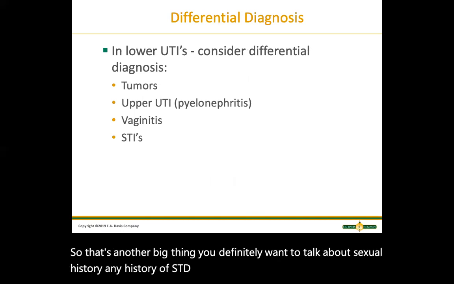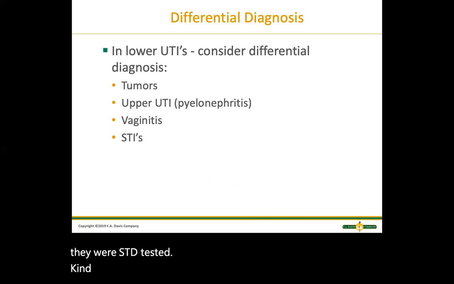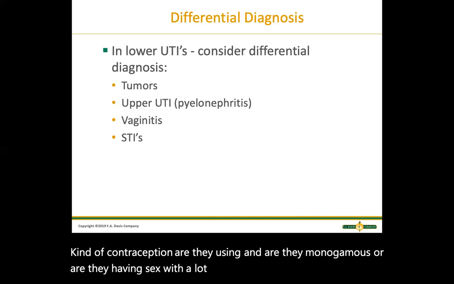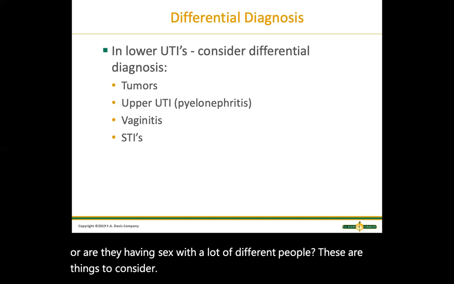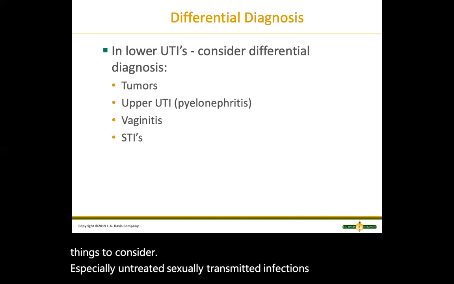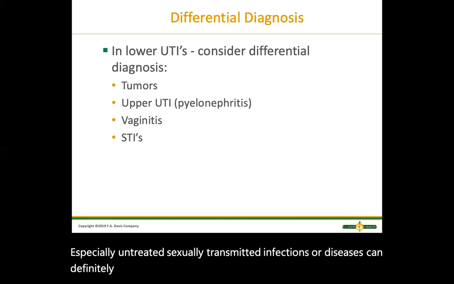When was the last time they were STD tested? What kind of contraception are they using? And are they monogamous, or are they having sex with a lot of different people? These are things to consider, especially since untreated sexually transmitted infections can sometimes have associated symptoms with UTIs.